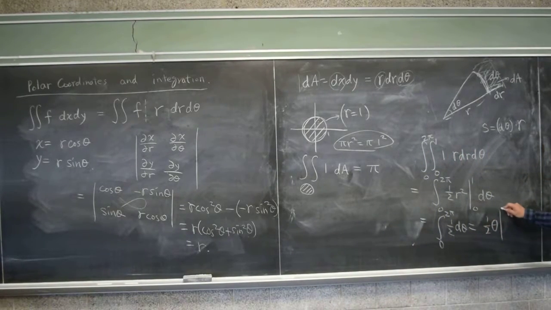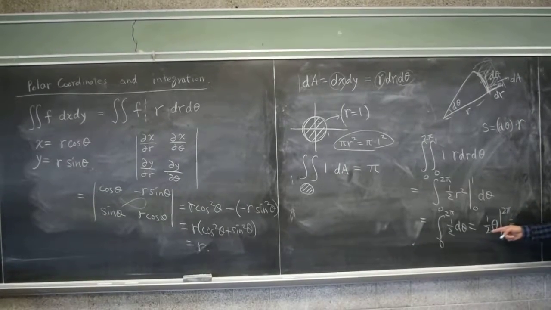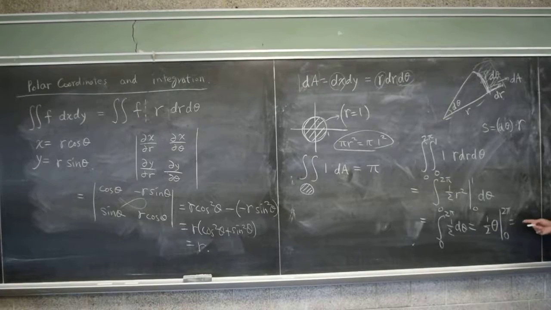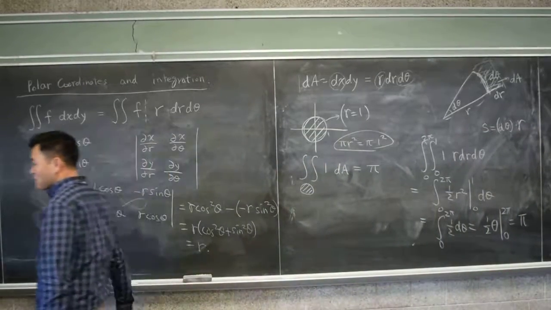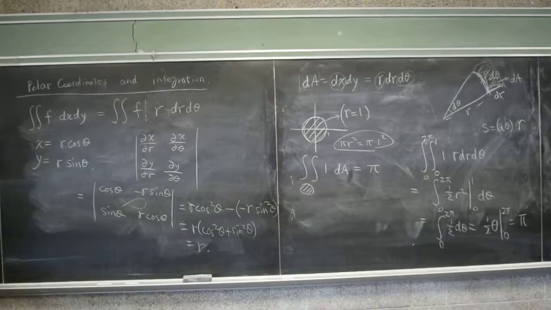Now I plug in 2 pi and 0. 2 pi divided by 2 is pi, and plugging in 0 gives 0, so pi minus 0 is pi. So done, right? It did give us the correct answer. So that should be another argument that this is the right one.